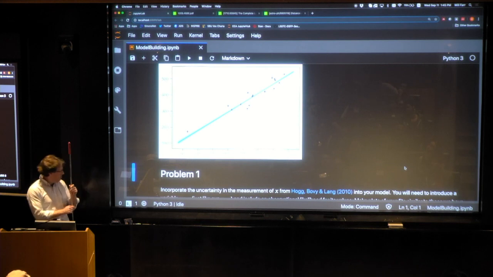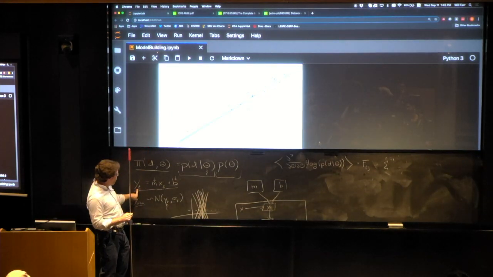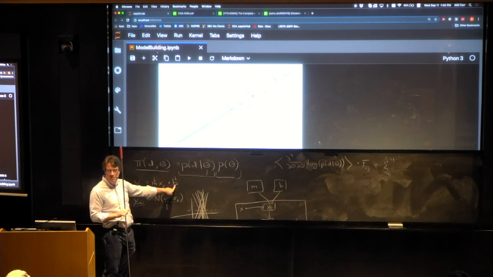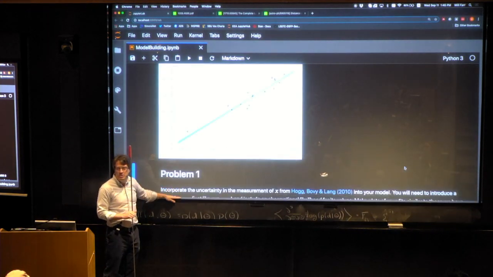Is it possible that our model that says that the true value of y is literally mx plus b could be a bit deficient? I think that model is basically contradicted by the observed data.